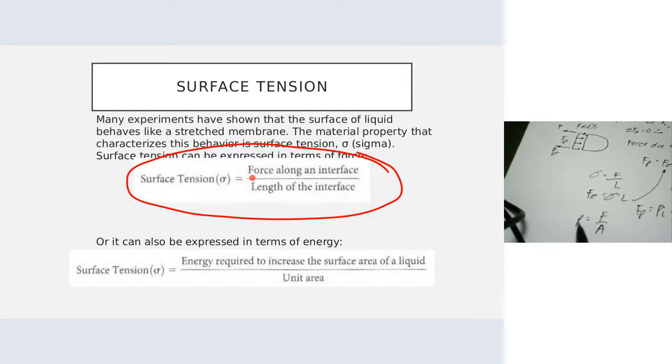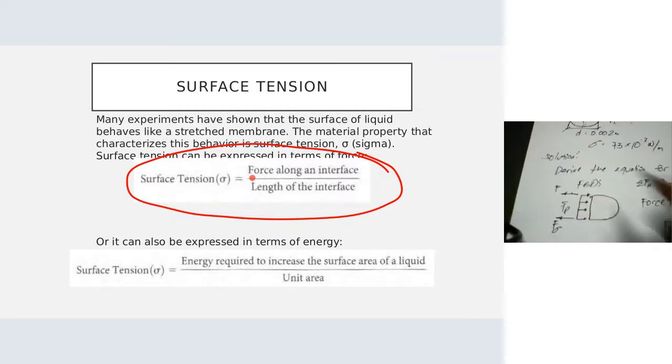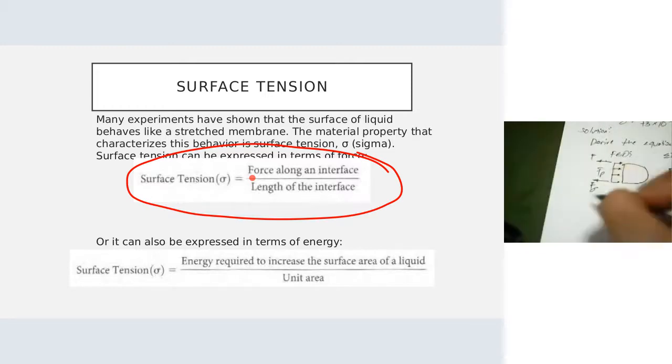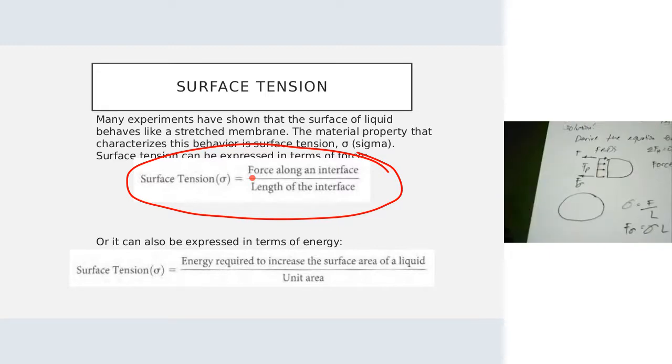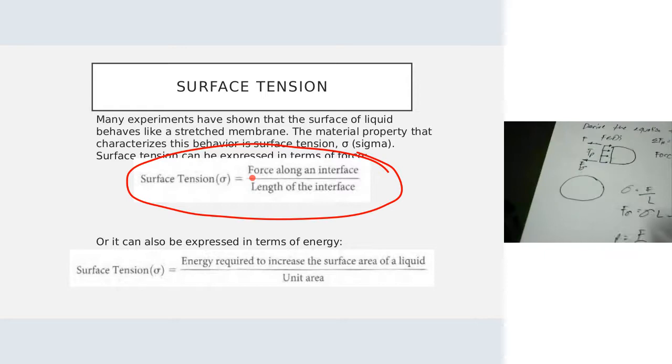So, cross multiplying, F sub P is equal to P sub i times A. But what is A? Since this is a sphere, if you will look at this section, we will see a circle. So we need to get the area of this circle.